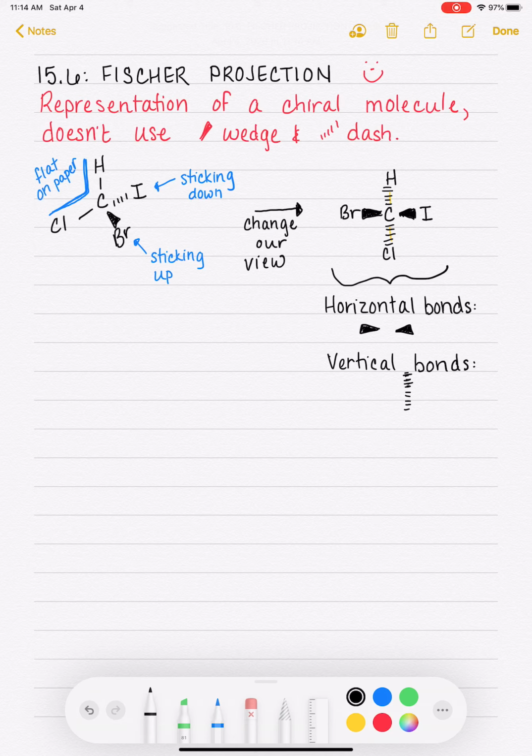When we are preparing to draw a molecule in a Fischer projection, we always rotate or look at the molecule from the perspective that its horizontal bonds are wedges and its vertical bonds are dashes.